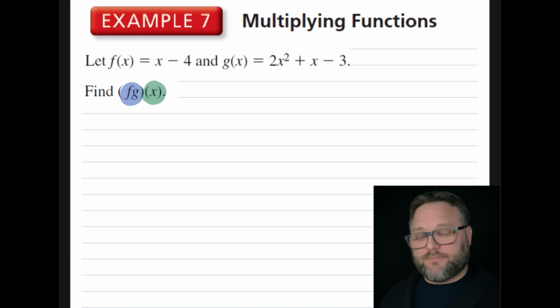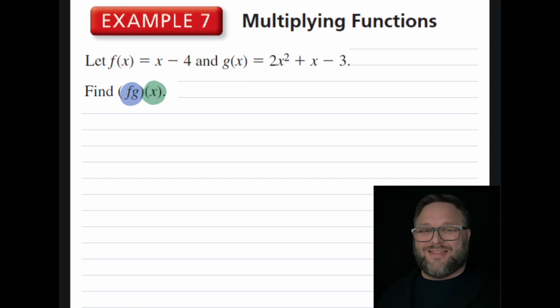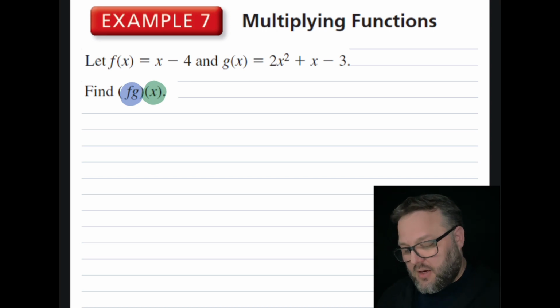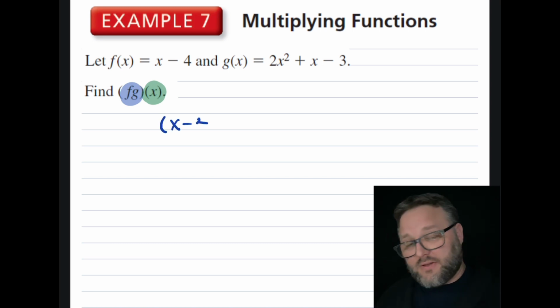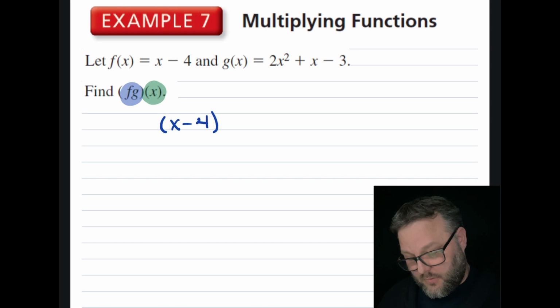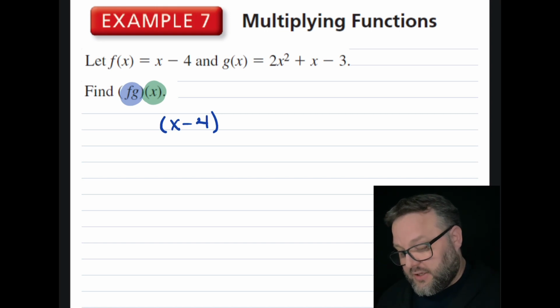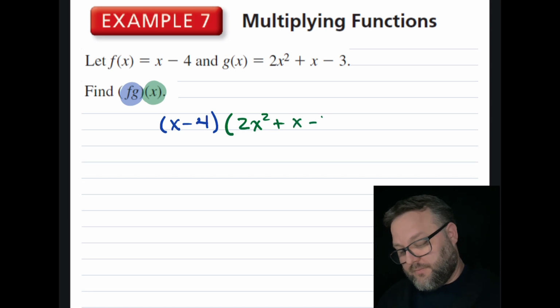That's the full notation you need to look at and go, oh, this means I need to multiply not f and g, but the function of f and the function of g together. Now that's something we've been doing this whole time. The function of f is x minus 4, and the function of g is 2x squared plus x minus 3.